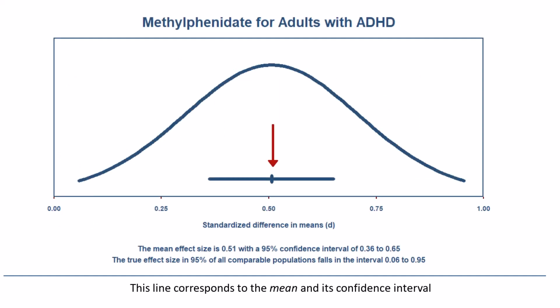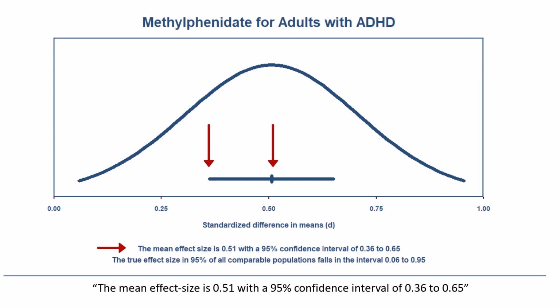This line corresponds to the mean and its confidence interval. This is explained in this caption, which reads, the mean effect size is 0.51 with a 95% confidence interval of 0.36 to 0.65.